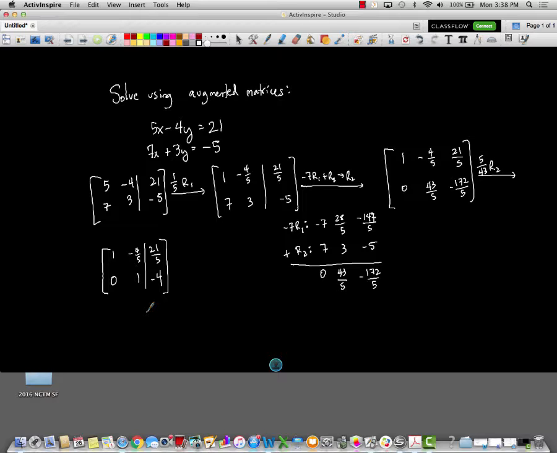So now I'm ready to get this to be a 0. So it's going to be another elimination step, which means I'm going to do the work to the side. But I'm going to multiply this bottom row by 4/5, and add it to the top row, and then place that in the top row.